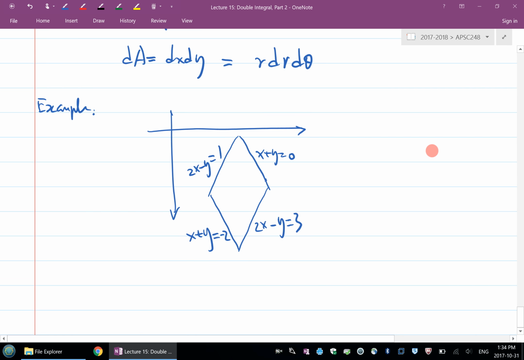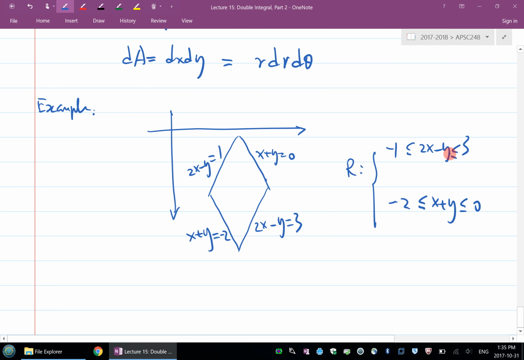Mathematically, this region R can be written as negative 2 less than x plus y less than 0, and 1 less than 2x minus y less than 3. So you can describe R using a mathematical expression like this.